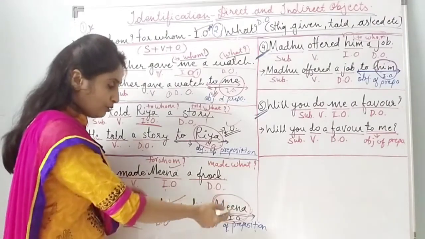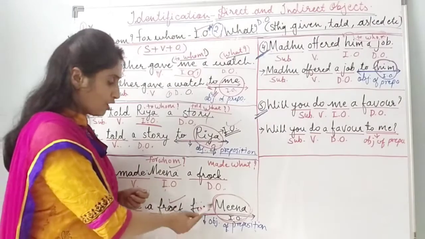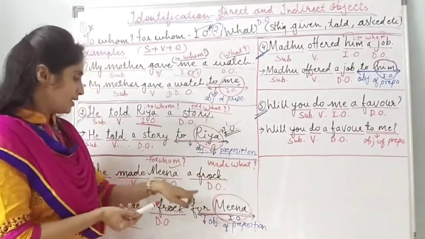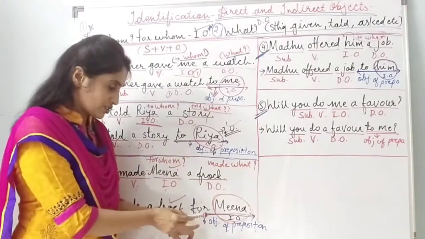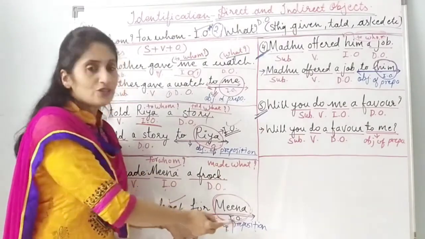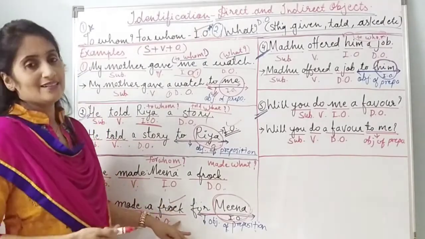For whom? For Meena. So the sentence is, She made a frock for Meena. Meena is the indirect object in the first sentence, but it has become the object of the preposition in this second sentence.